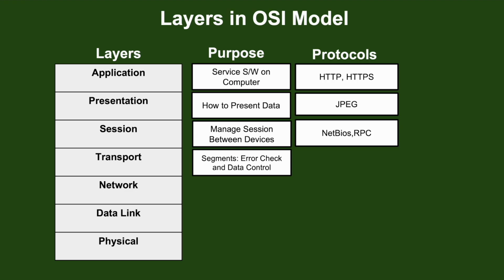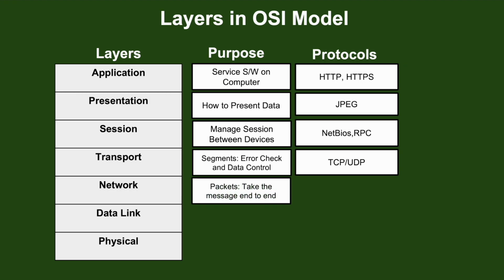The data that has been presented in the presentation layer, accessed through the application layer, and given a session between the hosts, is made into small chunks, called segments, in the transport layer. A couple of purposes of this layer are to make sure there is data flow control, which means you send data at the amount of traffic the network can handle, and it also does some error checks. There are two major protocols here: one is TCP and another is UDP.